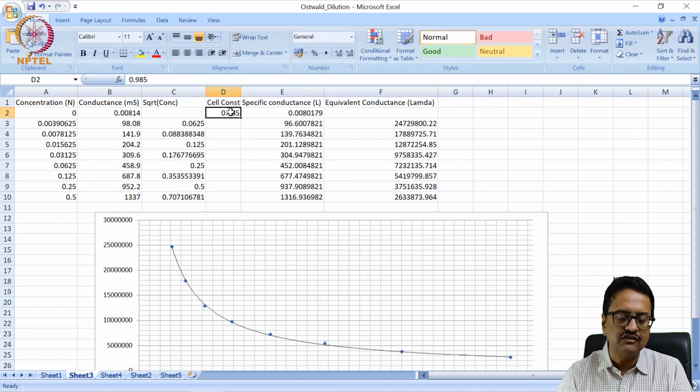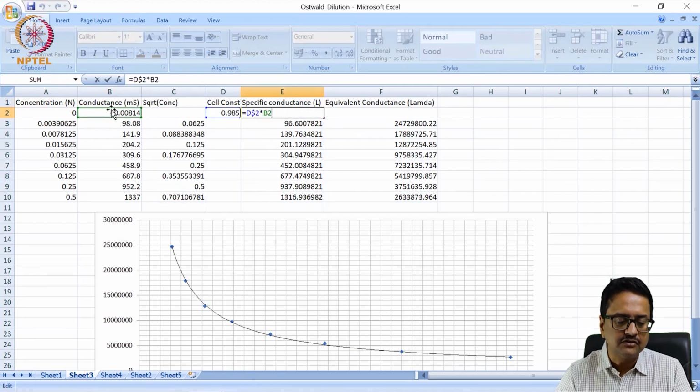This cell constant is used to calculate the specific conductance from the value of conductance using the formula: conductance into cell constant is specific conductance.